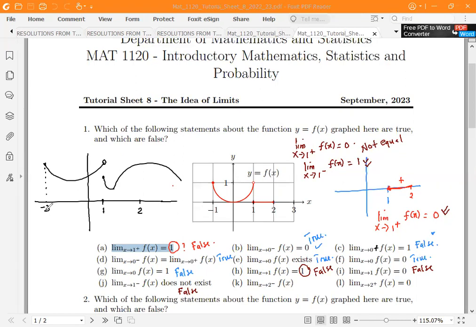When they say find the limit as x approaches 1 of the function f, how many options do you have? How many rods, if they were rods? Suppose we call these rod A and rod B.